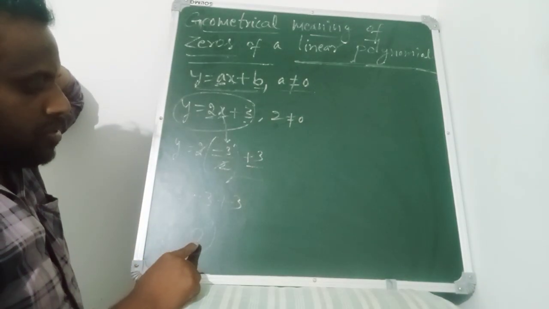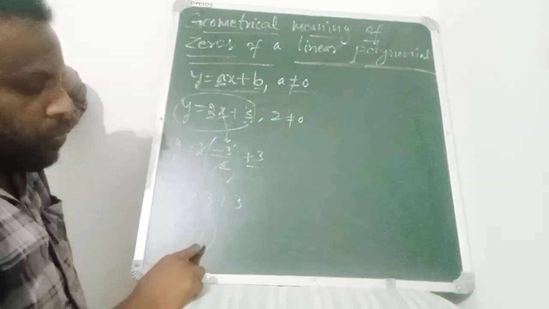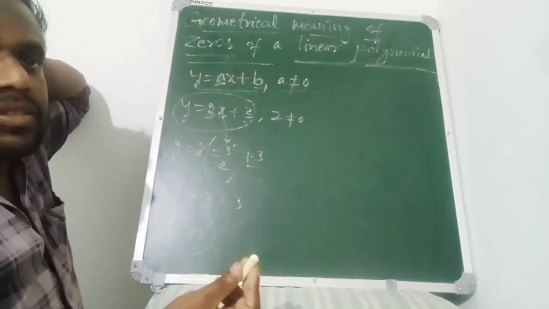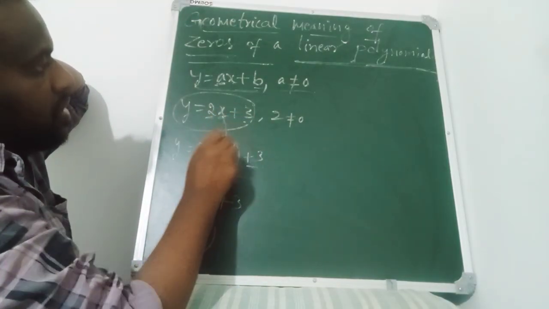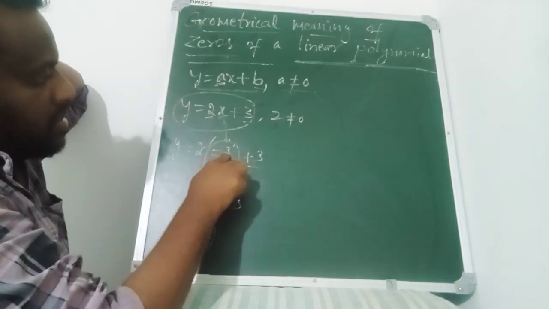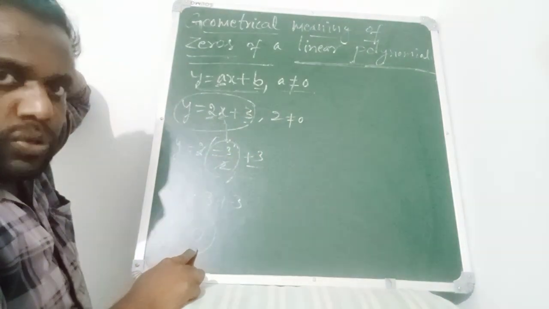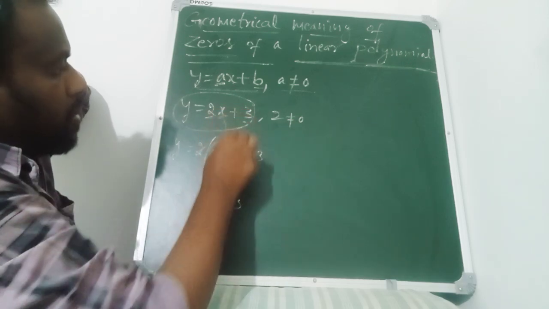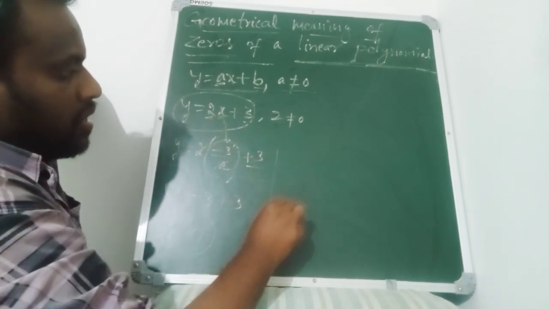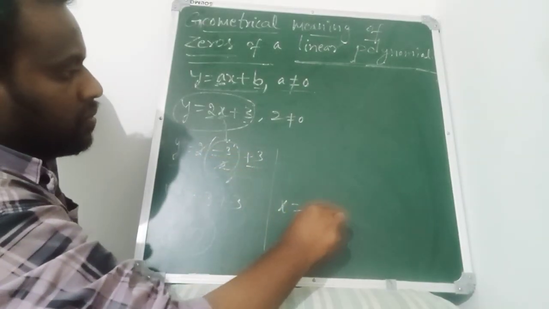So y became 0. So y is equal to 0 for what value of x? For x is equal to minus 3 by 2. When x is equal to minus 3 by 2, we got y is equal to 0. In place of x I put x is equal to minus 3 by 2.